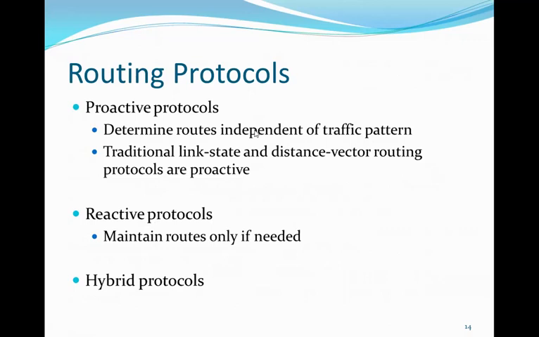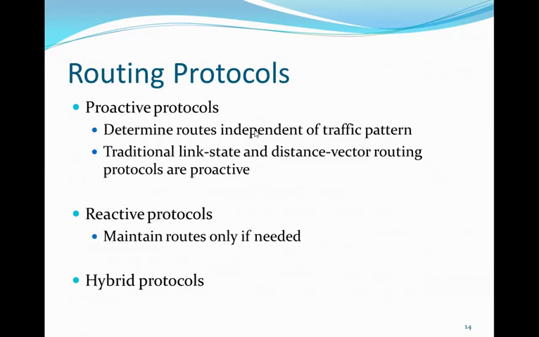So in a proactive protocol, we save information about routes and about neighborhood nodes, and we maintain this information just like the traditional distance vector and link state routing protocols, where a routing table is maintained on every node, and they know which node is on their right side, left side, or up and down.